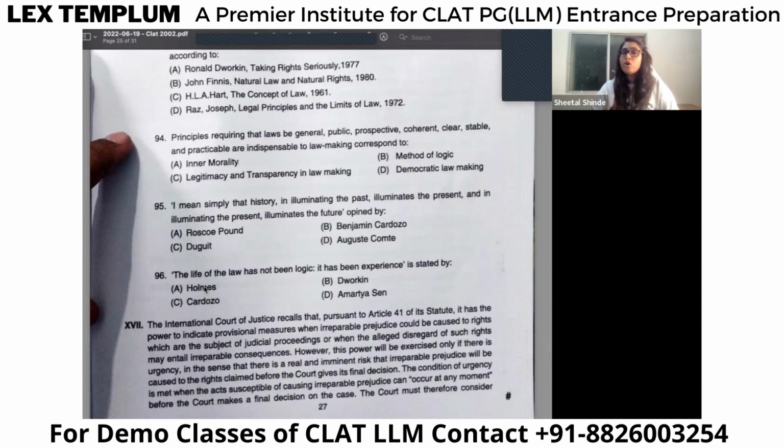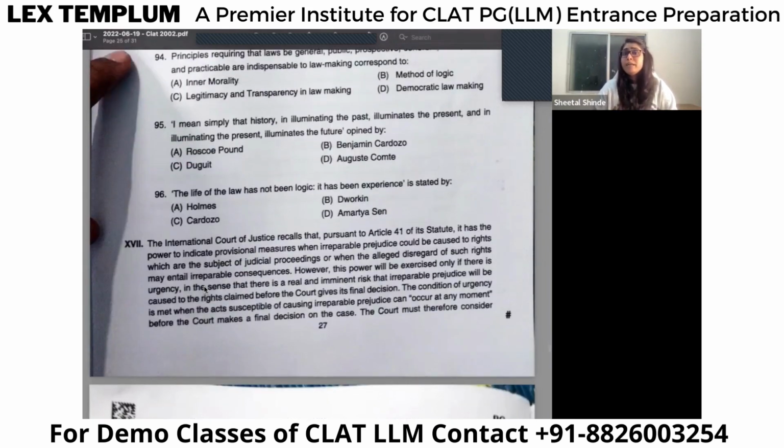Principles requiring that laws be general, public, prospective, coherent, clear, stable, and practicable, which are indispensable to lawmaking, correspond to. Inner morality, it's Fuller's concept, right? Obviously, it's not the answer. Democratic lawmaking, no. Method of logic, no. So answer is C, legitimacy and transparency in lawmaking.